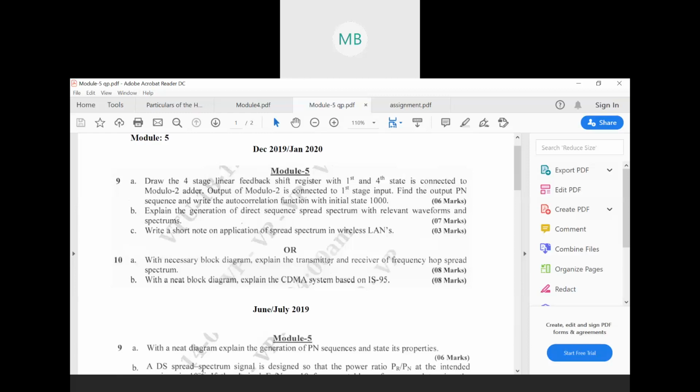Okay, can anybody explain what are the differences between direct sequence spread spectrum and frequency hop spread spectrum? Can you list out the differences? Please respond. Anybody can respond.